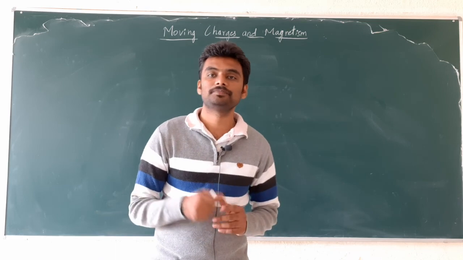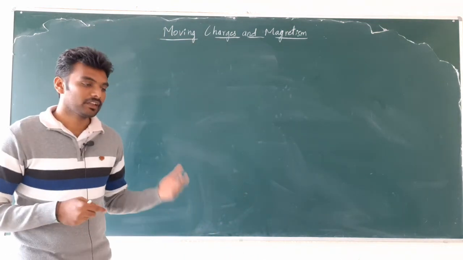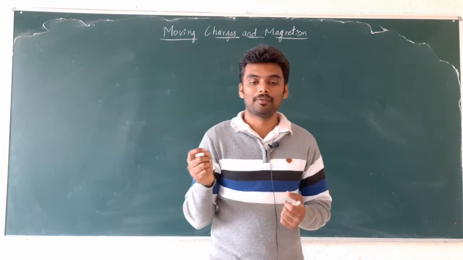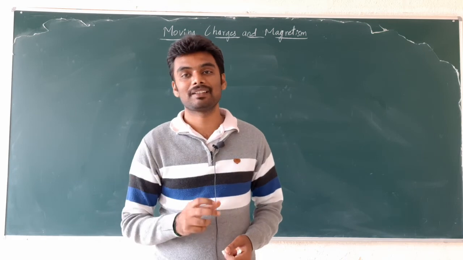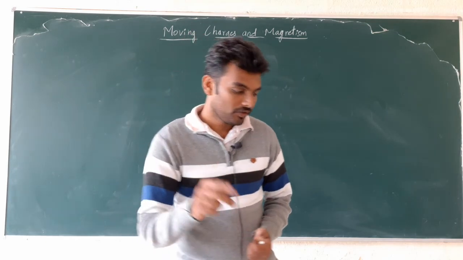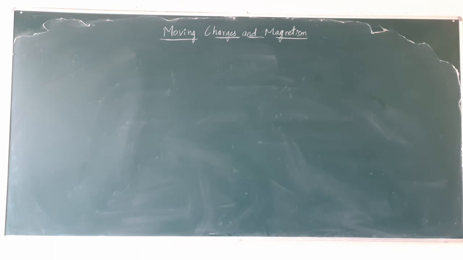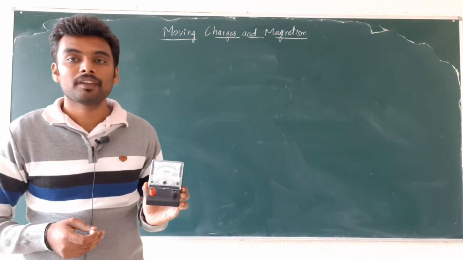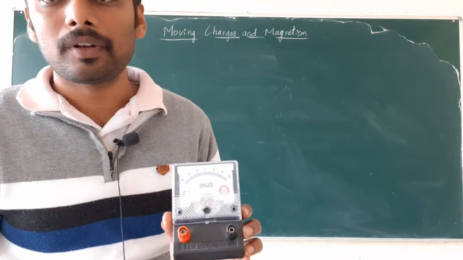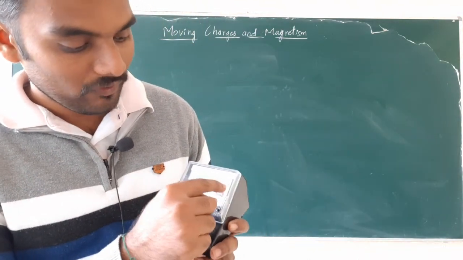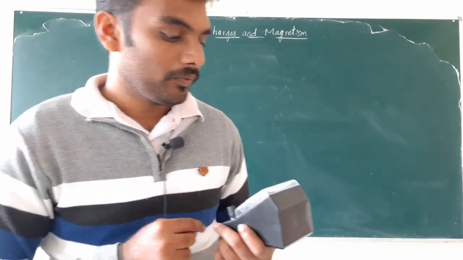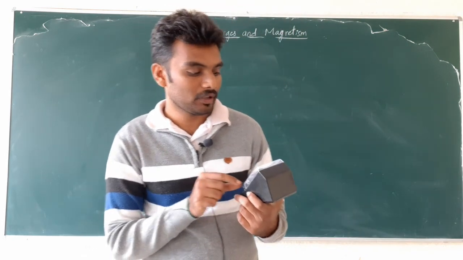So now, moving ahead, a galvanometer cannot be used to measure the current actually, because galvanometers are so sensitive. We also discussed current sensitivity and voltage sensitivity, right? Here we have a galvanometer with 30 divisions, and each division reads 20 microampere of current.